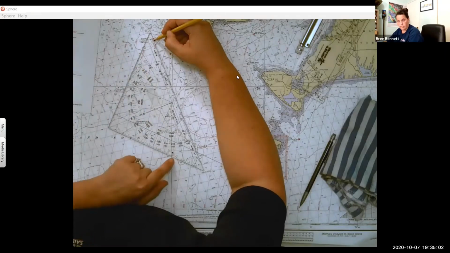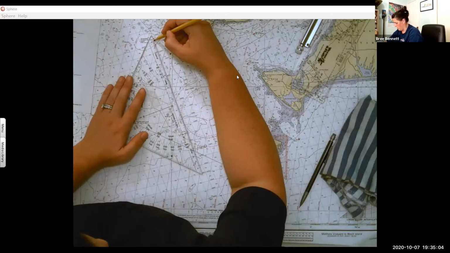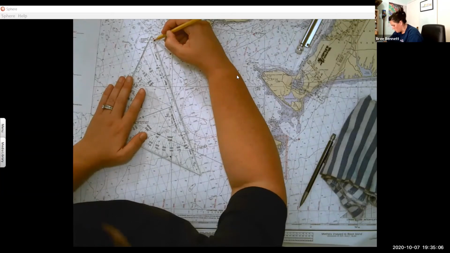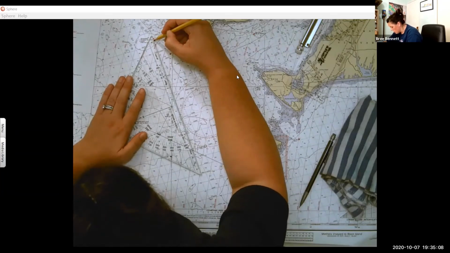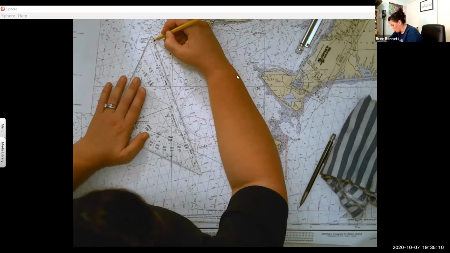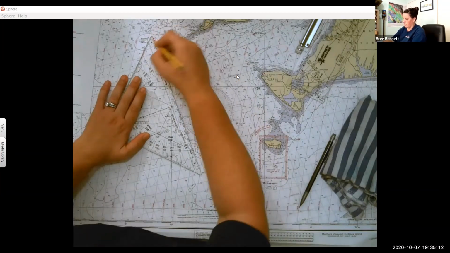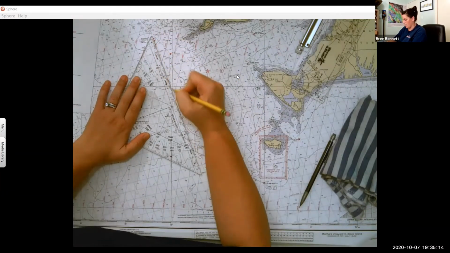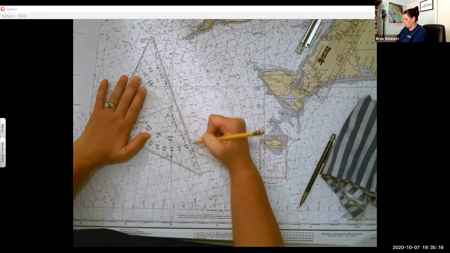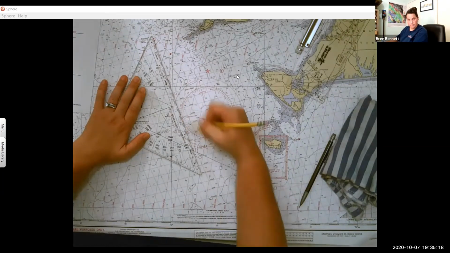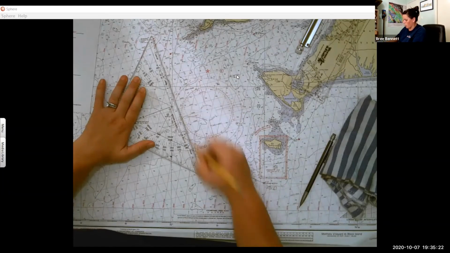Looking for 340 down here. All right, 340. So now I can draw a dashed line, and then somewhere crossing the area where I think I am, I'll draw a solid line.